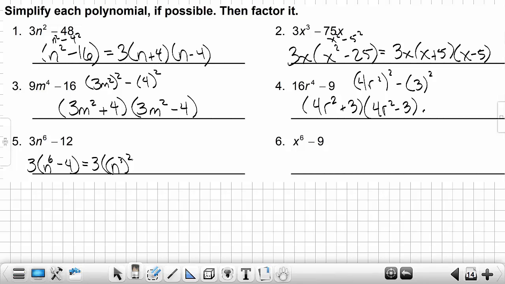And then 4 is what squared? 2. And now we can factor it, Kaya. What is that going to turn into? Difference of 2 squares in here. What are we going to get? What's my A inside of here?